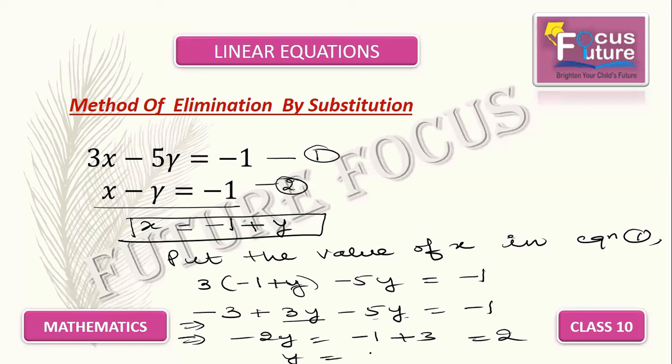So y would be 2 divided by minus 2, so y would be minus 1. What would be x? x would be minus 1 minus 1, that would be minus 2. So x is minus 2 and y is minus 1. So this is all about this method of substitution. Now let us understand our next method, that is method of elimination by equating the coefficients.